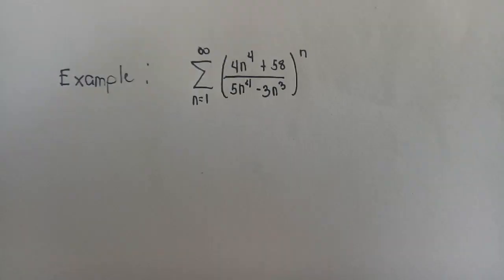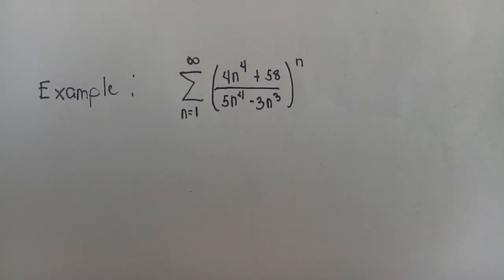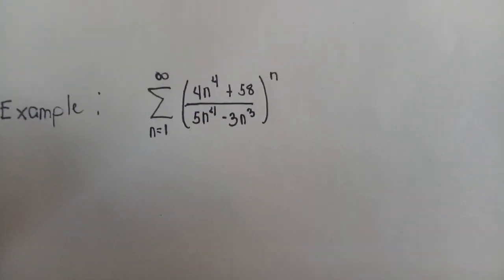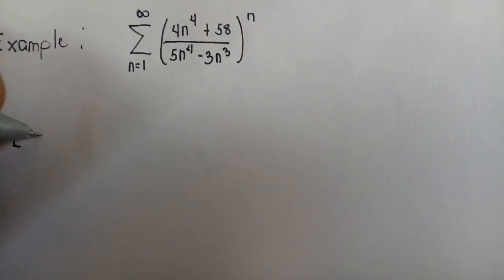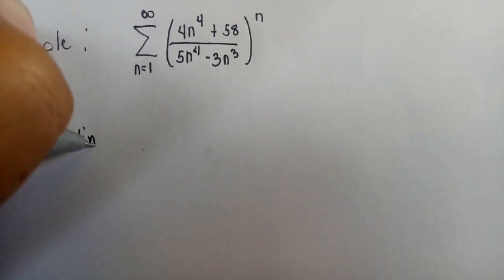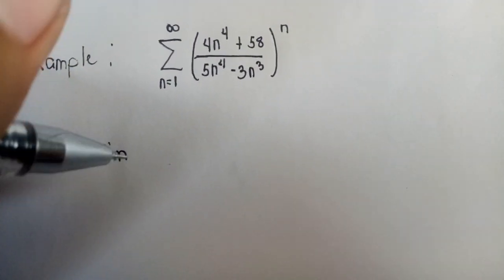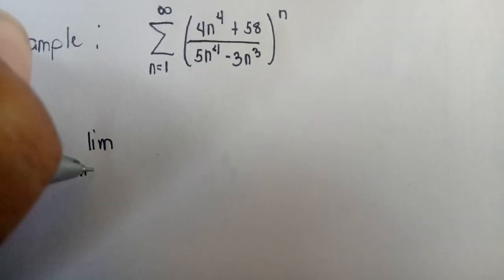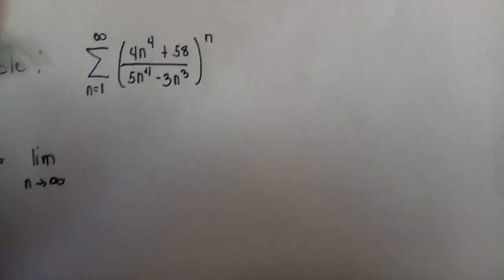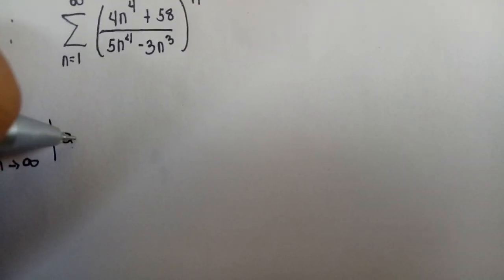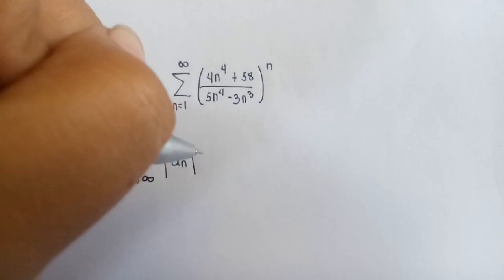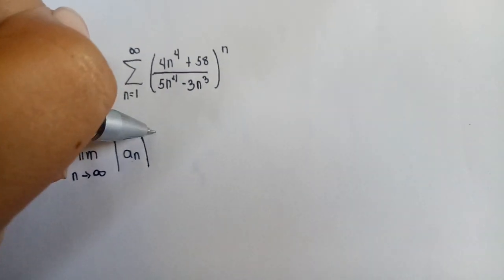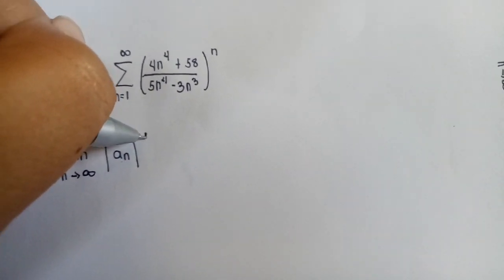So we will use the equation, which is L equals the limit as n goes to infinity of the absolute value of a sub n raised to the power of 1 over n.